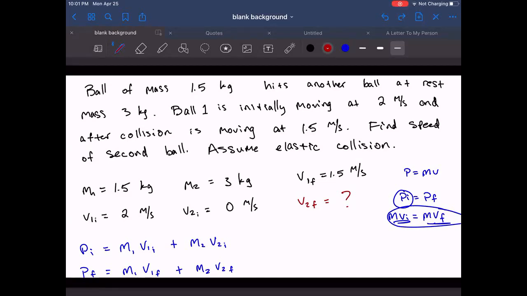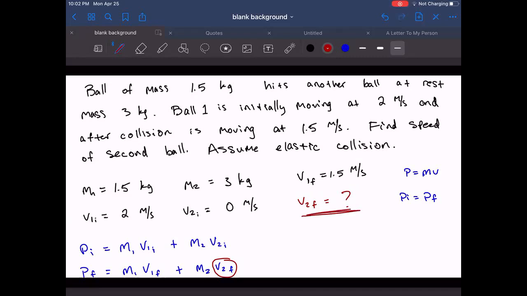So what do I do now? We're trying to find the speed of the second ball. So wouldn't you have to find just the final velocity, since you have both initials? Yeah, you've got both initials and the final of the first one too. So all I would have to do is find the final velocity of the second one.